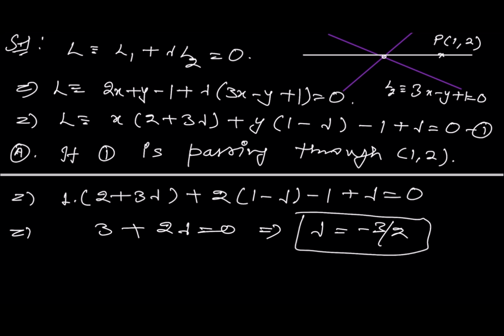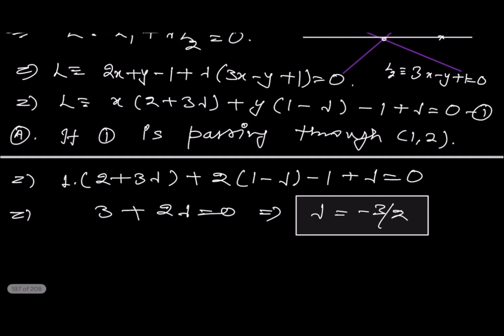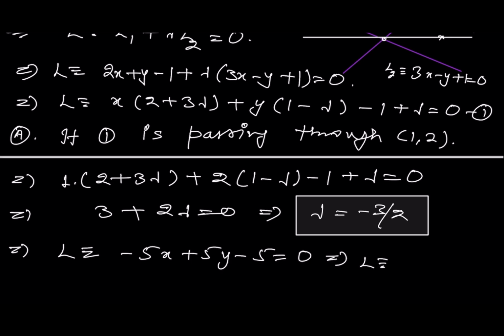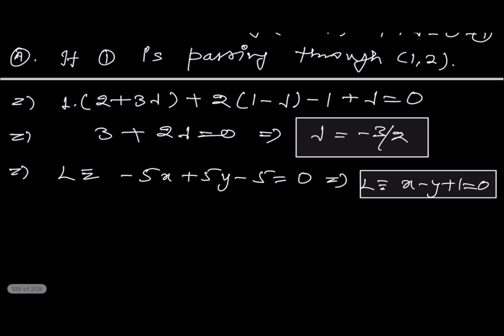Now this lambda will go in 1, and from there L becomes minus 5x plus 5y minus 5 is equal to 0, or L becomes x minus y plus 1 is equal to 0, right? This is required line for A.